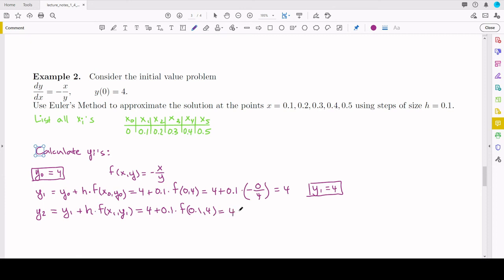So that is 4 plus 0.1 times negative 0.1 over 4. And that will give us 3.9975. So that is our y2 equals 3.9975.